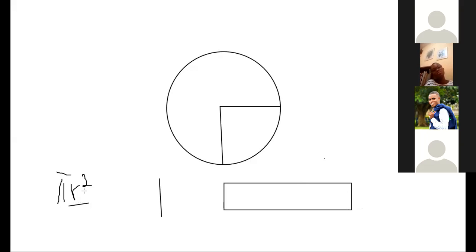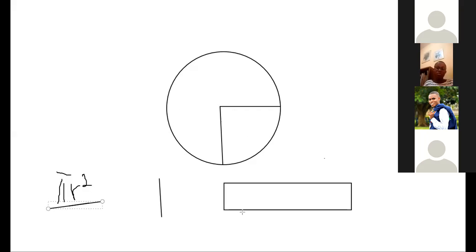So finding the area of a full circle is pi r squared. You multiply r twice, then you account for the differences in the curves in the circle, and that is what? Pi. So that gives us what? Pi r squared.